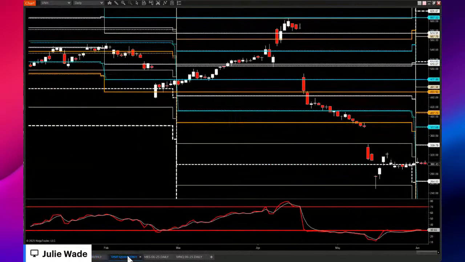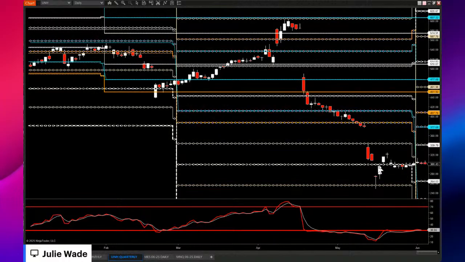So isn't that cool? And then you can see here you're right in the middle of your quarterly range. So here was that quarterly, 1.5 times the quarterly range. And now it shifted, the volatility shifted. And this volatility shift is why the market didn't sell off today.